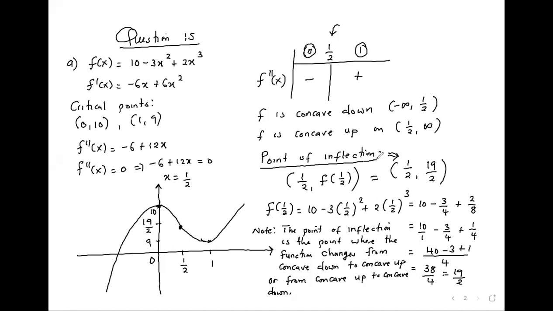Let's go to E now, 15E. The function g is equal to e to the power 4x minus e to the power 6x.